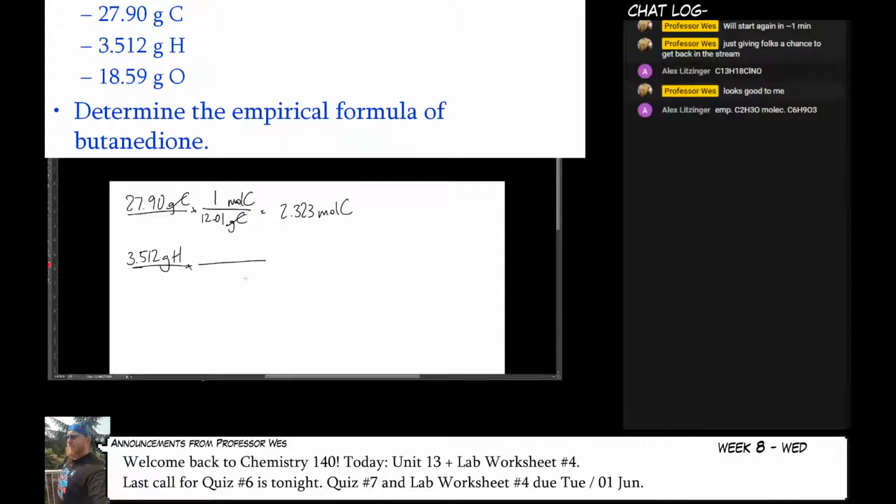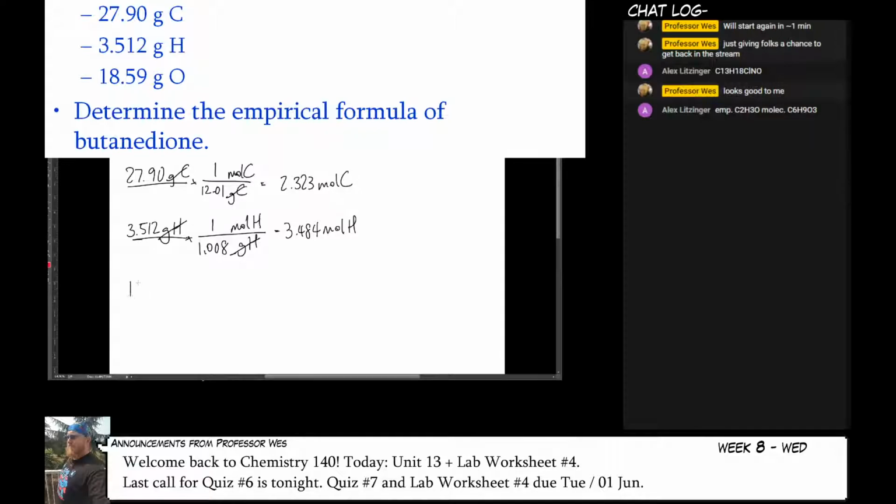Do the same thing for hydrogen. 5.12 over 1.008 gives 3.484 moles of hydrogen.